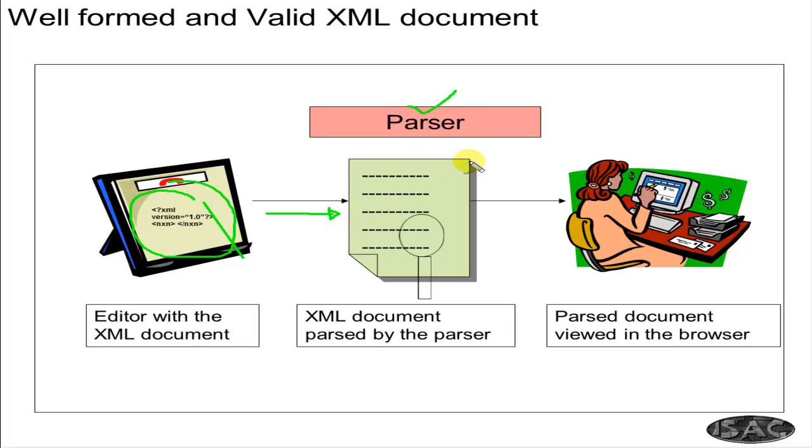Here is our parser, and this parser will scan everything, and after this is scanned, it is shown using an XML document viewer, which is most of the time a browser. Okay, so using a browser you can see the XML document. So this is parsed. Who parses this? There is a parser inside the browser which parses it, and then it shows it to you. So always remember how it is shown to the user.